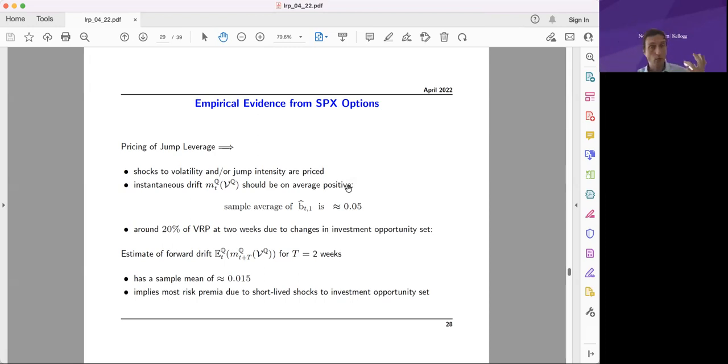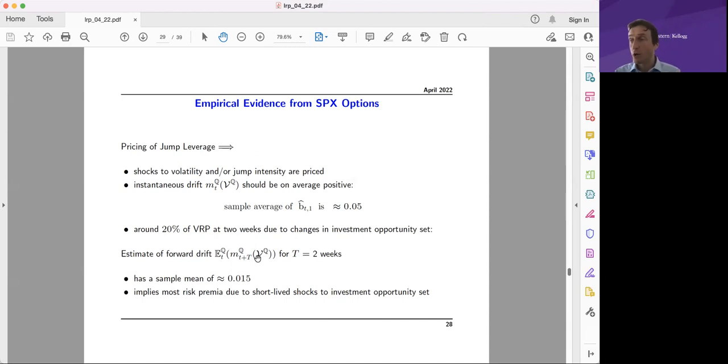And what I can do that way, when I look at the term structures and the slope effects, is back out this risk neutral forward drift. I don't know if that's a good name for it, but we call it this way: the conditional expectation of the drift in the future. Now, what should we expect?